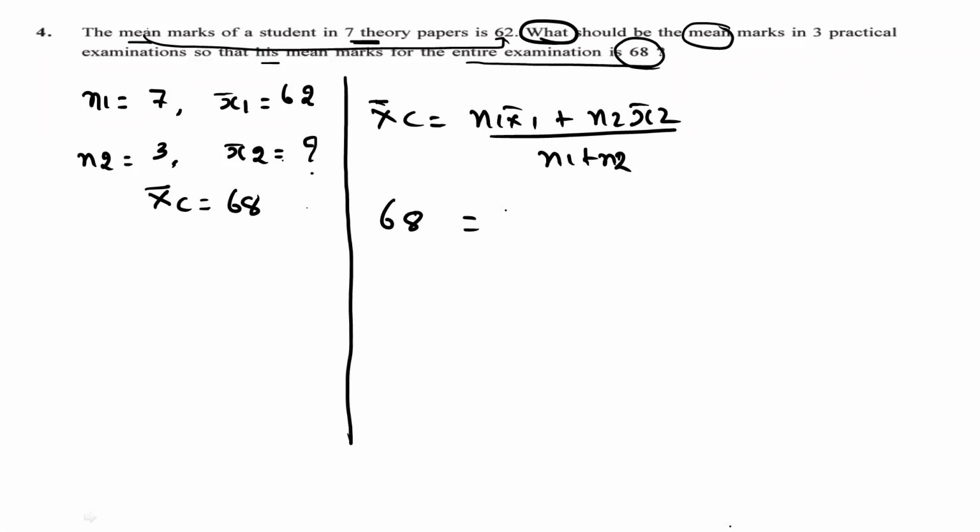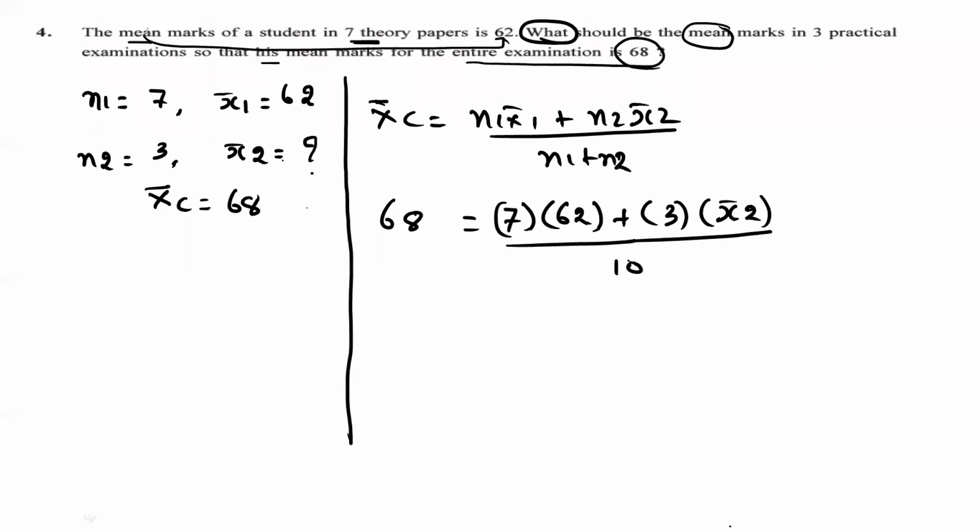What is our n1? 7. X bar 1? 62. N2? 3. X bar 2? It's a question mark, so I have written x bar 2 only. N1 plus N2, 7 plus 3, 10.